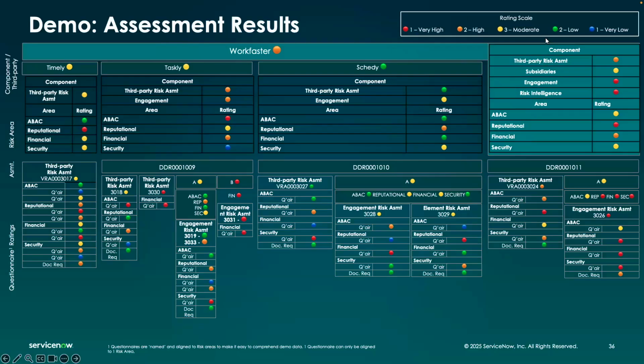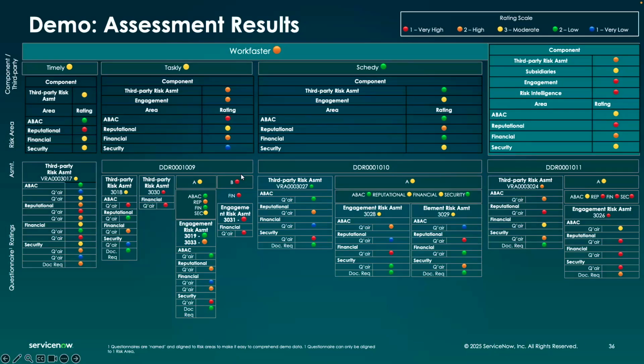So this is our overall structure. The legend over here indicates the rating scale from one very high through one very low with these different color codes. Our goal with the demo is to understand how we arrive at these respective ratings at the assessment level, at the subsidiary level, and ultimately at the third-party Workfaster level.